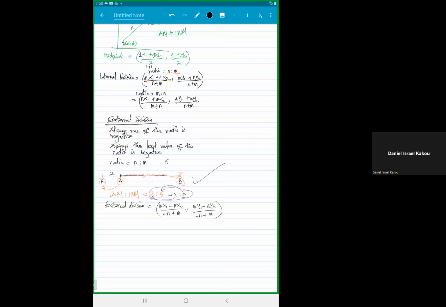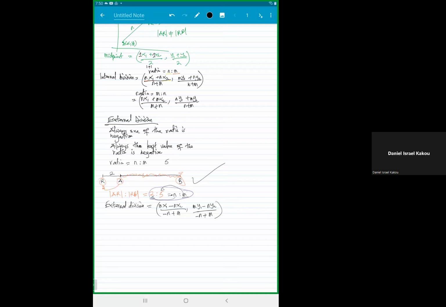The reason I'm explaining this is you would usually not be given the negative sign. Sometimes you'll be given the negative sign, that the division is this to this, and there is a negative sign. So you should be able to tell when a division is external or internal, even if the words internal and external are not used. And you should be able to know the actual ratio when the word external is used.